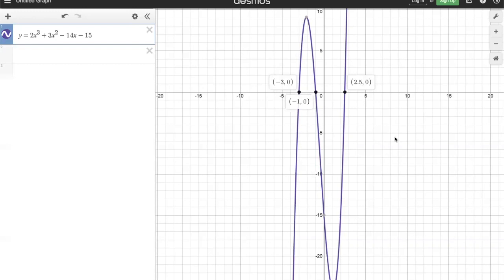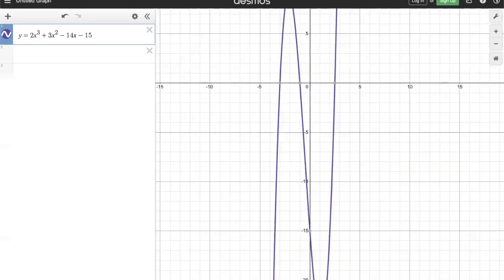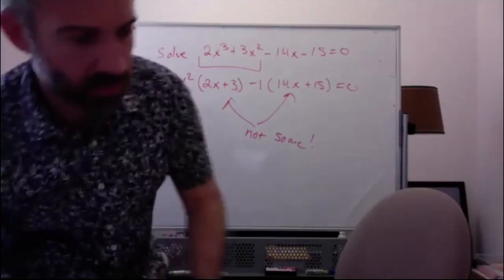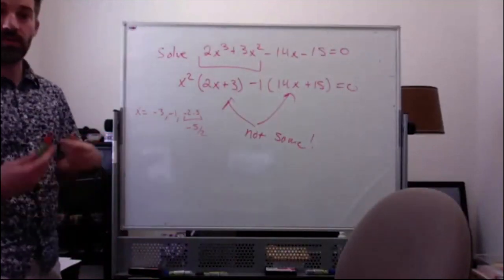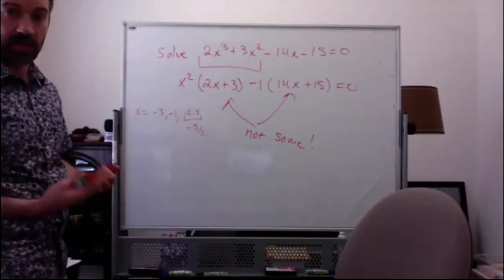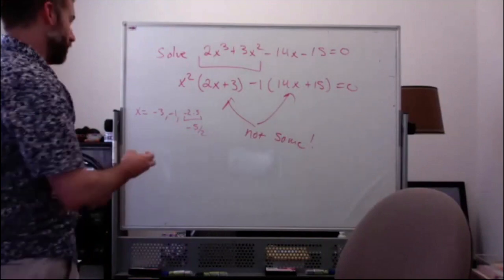What I want you to really see from this is that I know my solutions are -3, -1, and 2.5, which I could write as the fraction 5/2. Knowing that, we can then factor this. If you know what the zeros or the intercepts are, you can totally factor the polynomial.